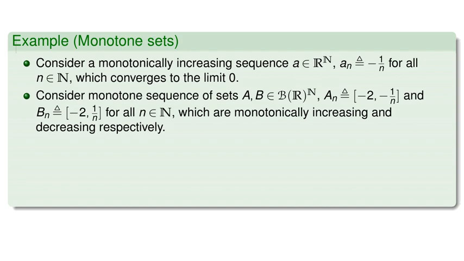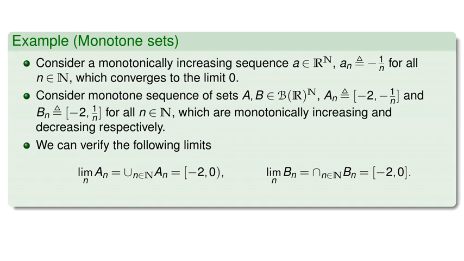Let A_n be the closed interval from minus 2 to minus 1 over n, and B_n be the closed interval from minus 2 to 1 over n for all n in the naturals. A_n is a monotonically increasing sequence of sets, and B_n is a monotonically decreasing sequence of sets.